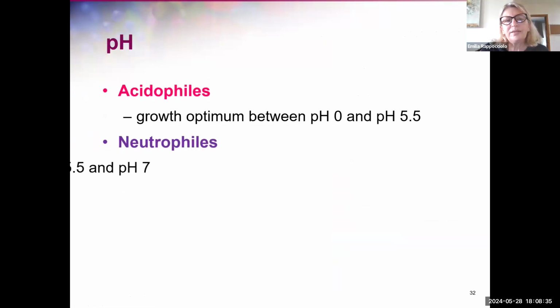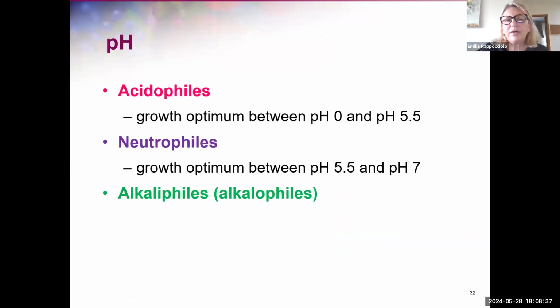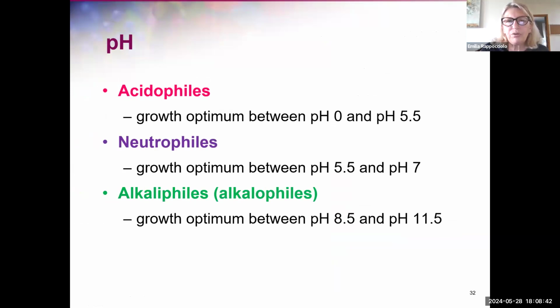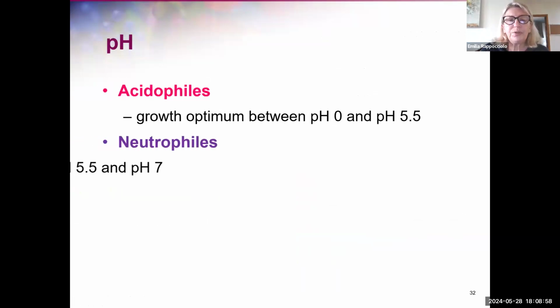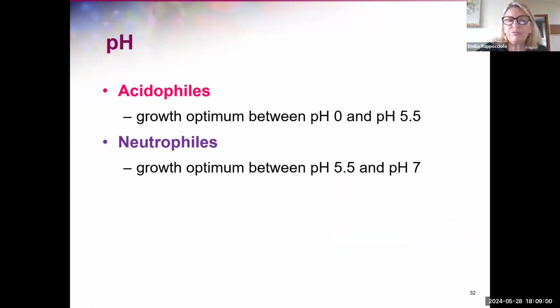Acidophiles require low pH. Their optimum growth is between 0 and 5.5. There are some cells here, Ferroplasma, which is an archaea. There are Ferroplasma that grow at pH almost 0, so very low pH. You have neutrophiles that like neutrality, pH between 5.5 and 7.